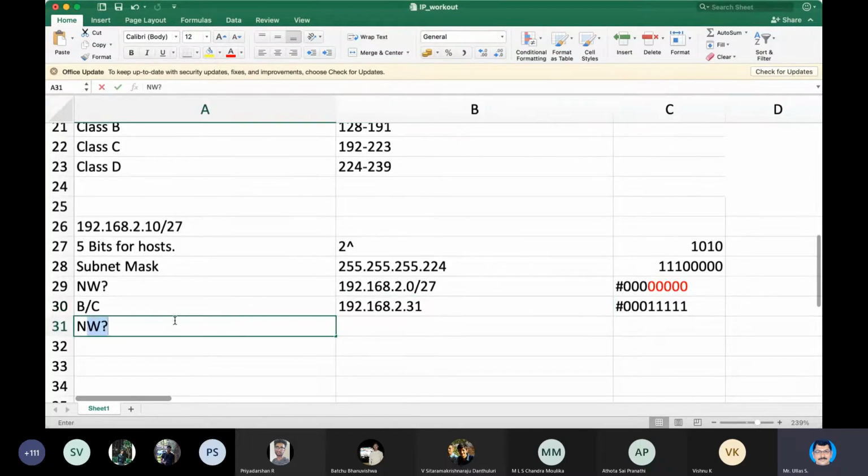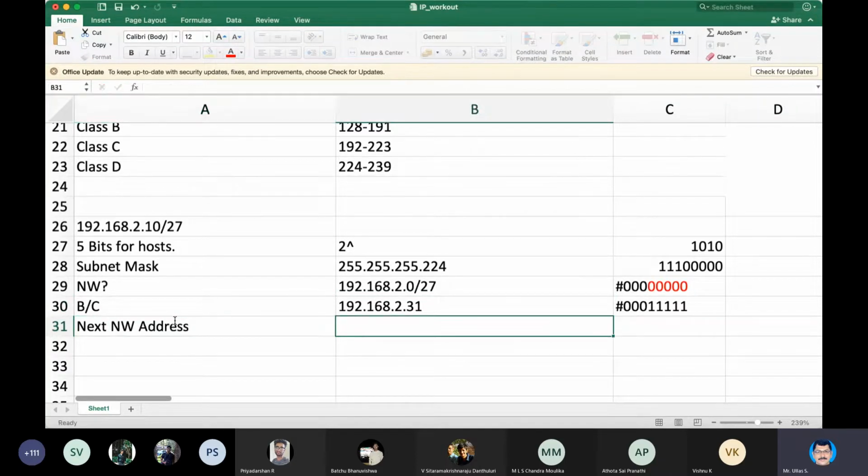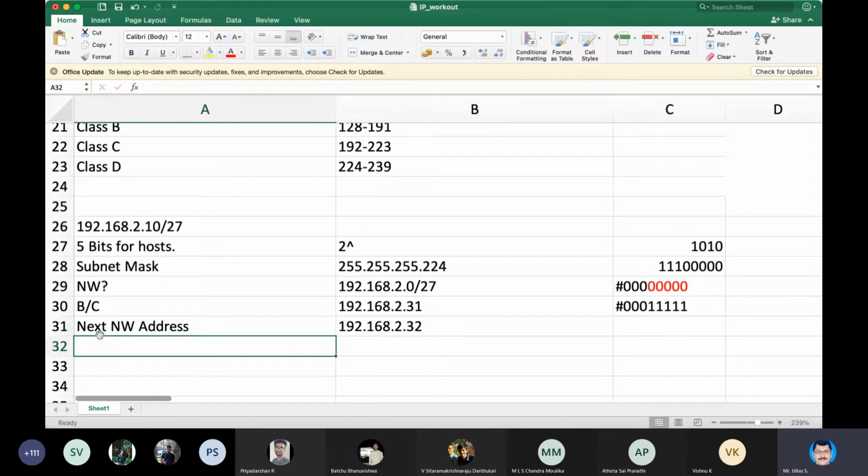What is the next network address then? It is 192.168.2.32. Got it? So what are the usable IPs in this, where this network address or the IP address belongs to?